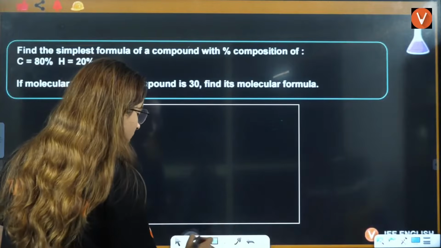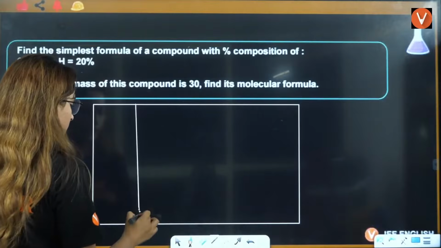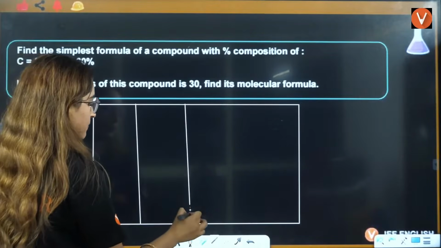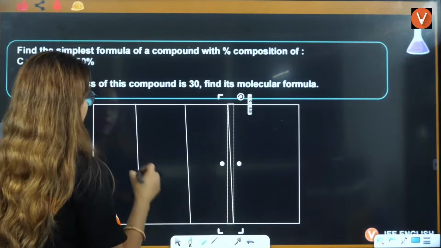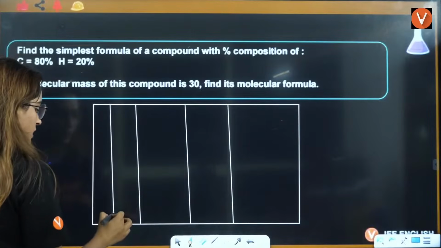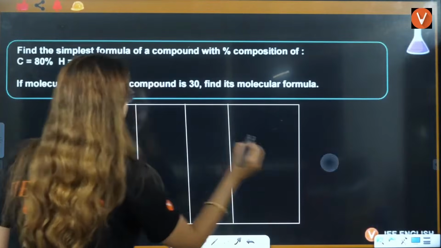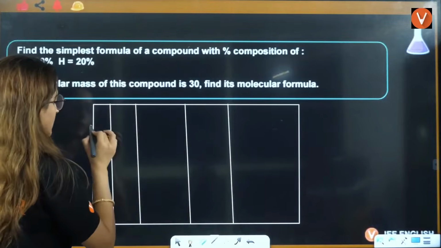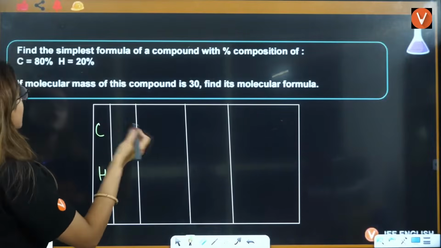Table is small, table is big, doesn't matter, you have to make a table. This will be carbon, hydrogen, this will be percentage, this will be your molar mass, this you can say is your atoms.